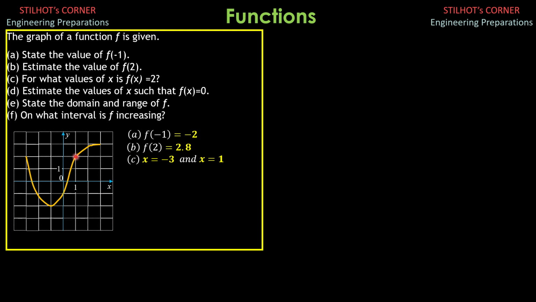For the next question, letter D, estimate the values of x such that f of x is 0. So the intersection of the graph of the function with the x-axis. So let's estimate that value of x there where f of x is 0 and here.